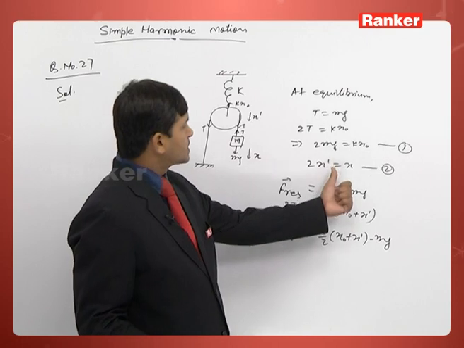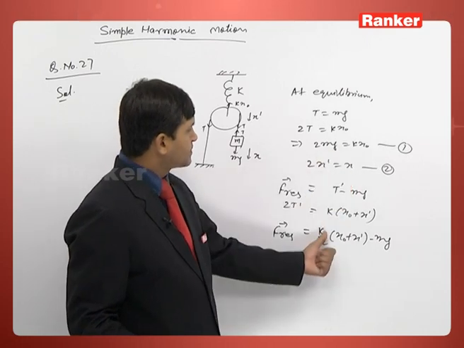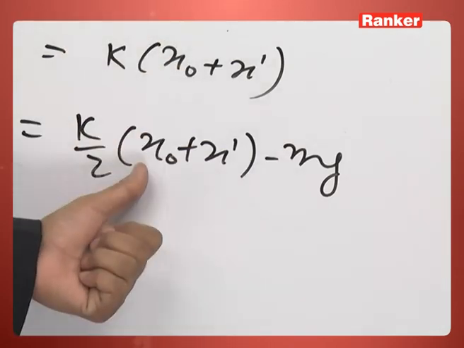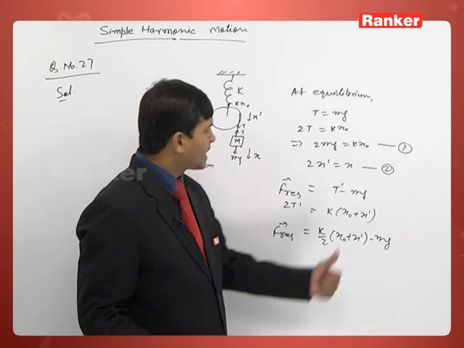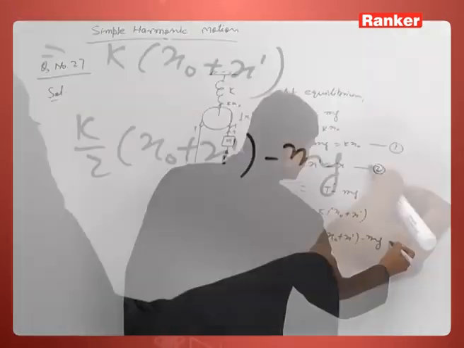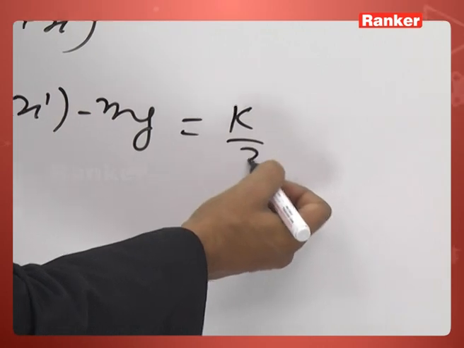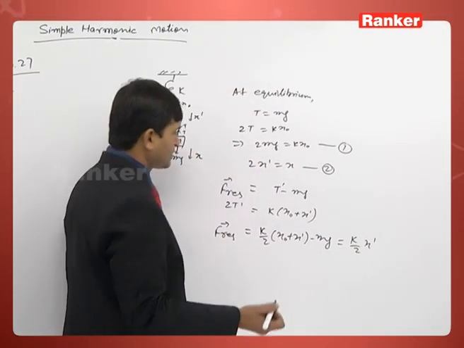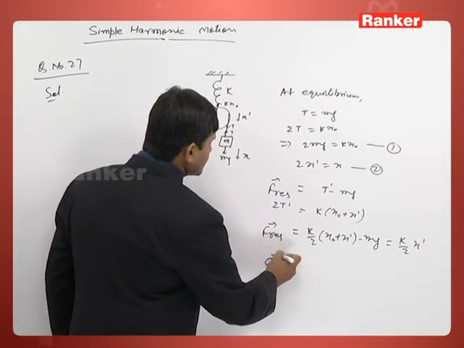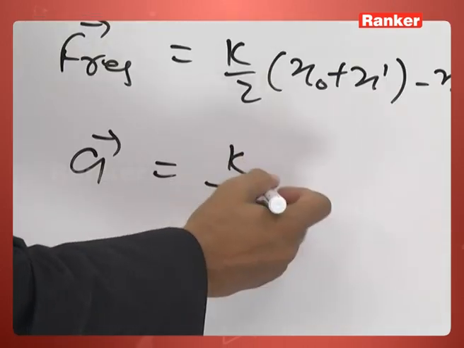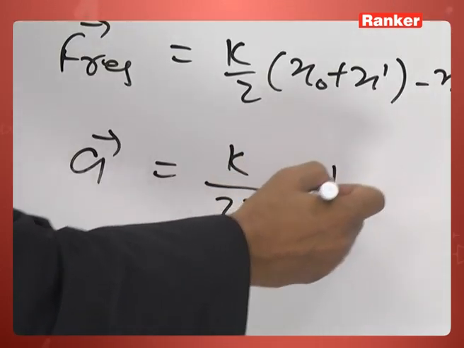From the first relation, k x naught by 2 is mg, this and this cancel. So it is left with only k by 2 x dash. So acceleration is k by 2m into x dash.